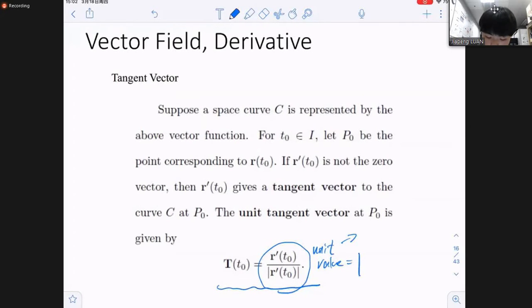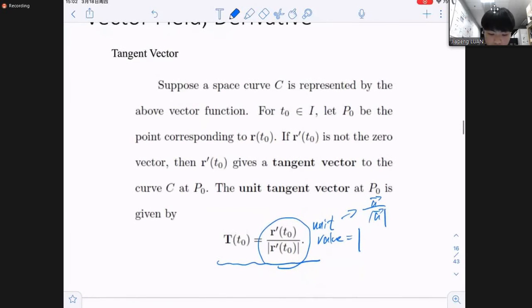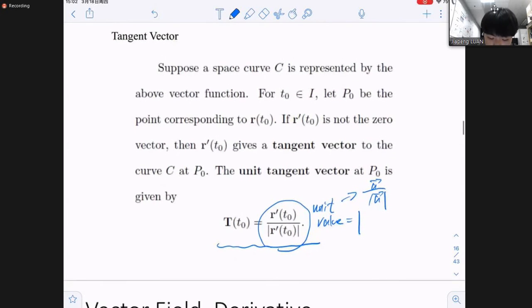You need to know that a unit vector has a form like this, right? So a tangent vector is a unit vector. And it also has the form like the tangent of a curve. So that is actually a tangent vector.